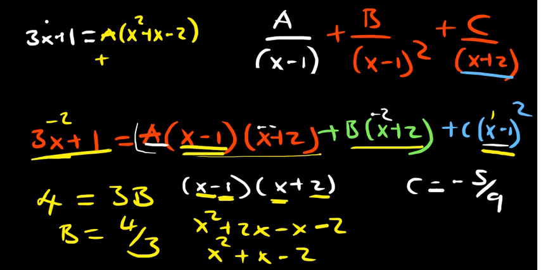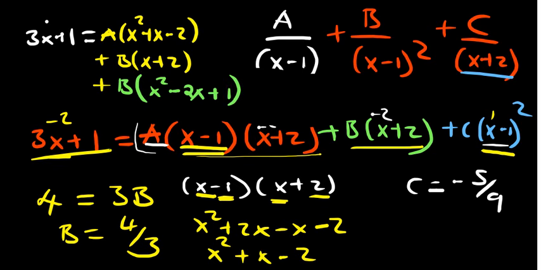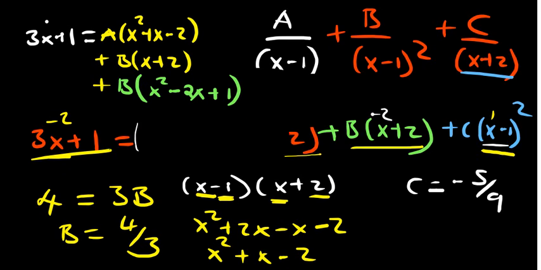For our b, we have x plus 2. How about our c? Our c, we have (x minus 1) squared. So if you expand that, what are you going to have? What you're going to have is x squared minus 2x plus 1. So we can even show that here so that it looks better.